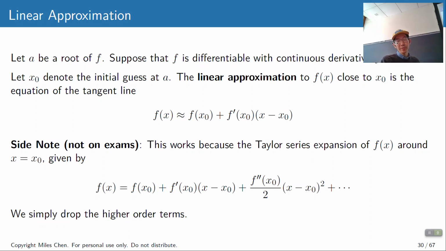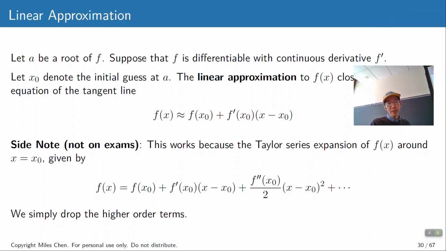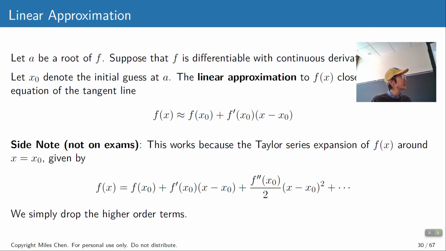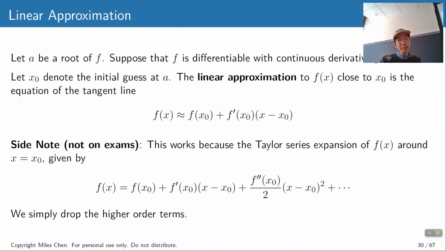For Newton-Raphson method to work, f has to be differentiable and there has to be a continuous derivative. We start off at some initial guess, x0, and the linear approximation to the function f around x0 is the equation of this tangent line, f at x0 plus f prime at x0 times x minus x0.